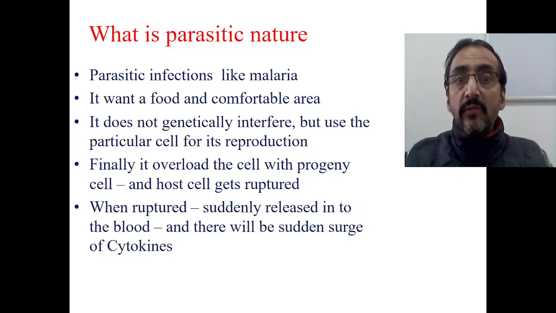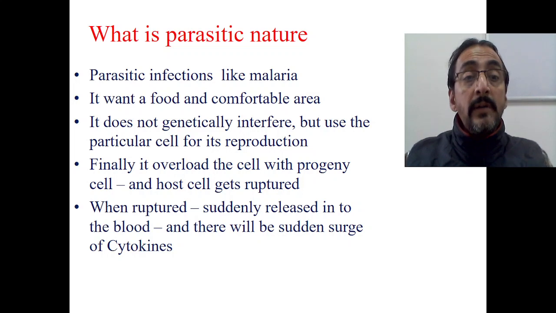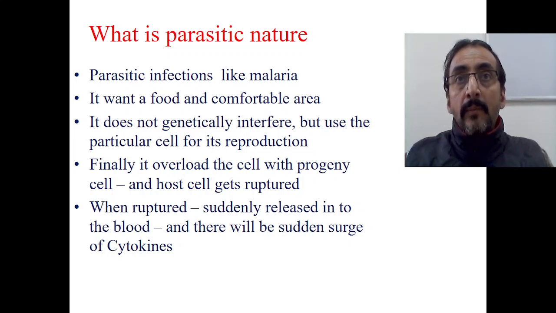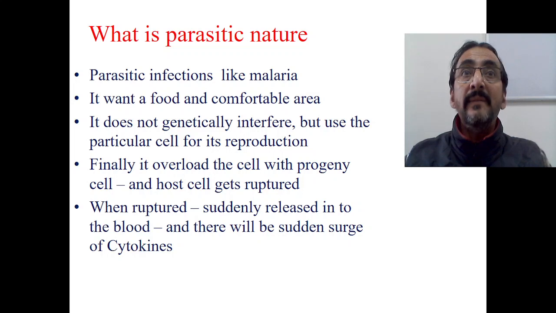Finally the cell is overloaded and the progeny will come out at once, and when they suddenly get released into the blood, the body's immune system is provoked. Because so far the immune system did not know what is happening inside the RBC, because RBC is basically an anucleated cell, isn't it?